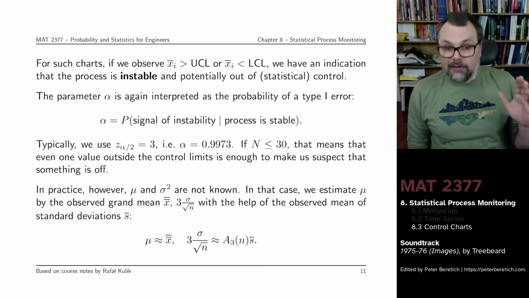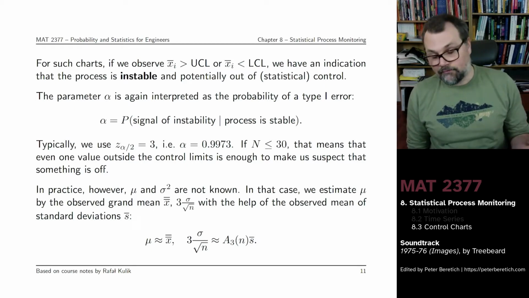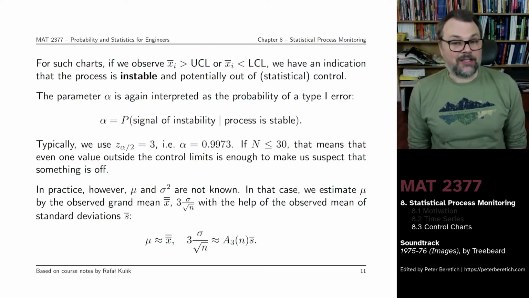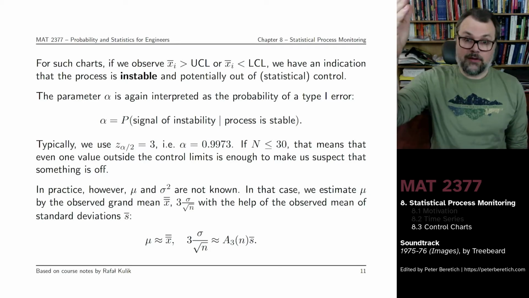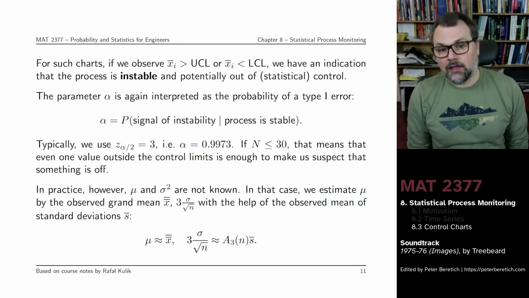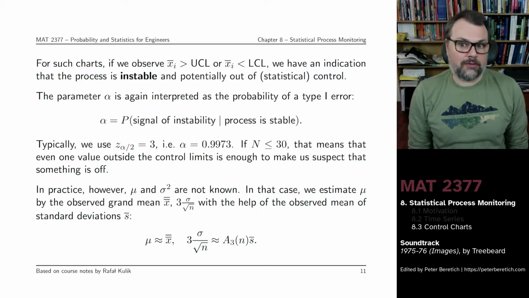The alpha is again going to be a probability of a type 1 error. What's the probability that you obtain a signal of instability, a sample mean above or below control limits, if the process was in fact stable? Now usually for statistical process monitoring, we don't use alpha 95% or 99%.